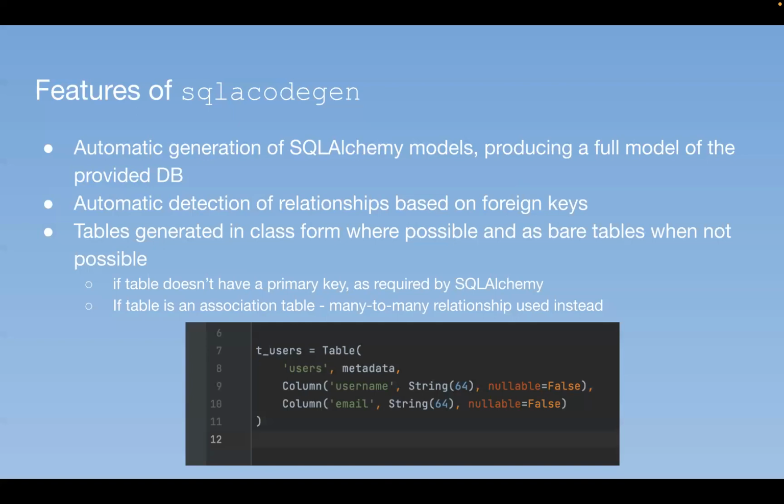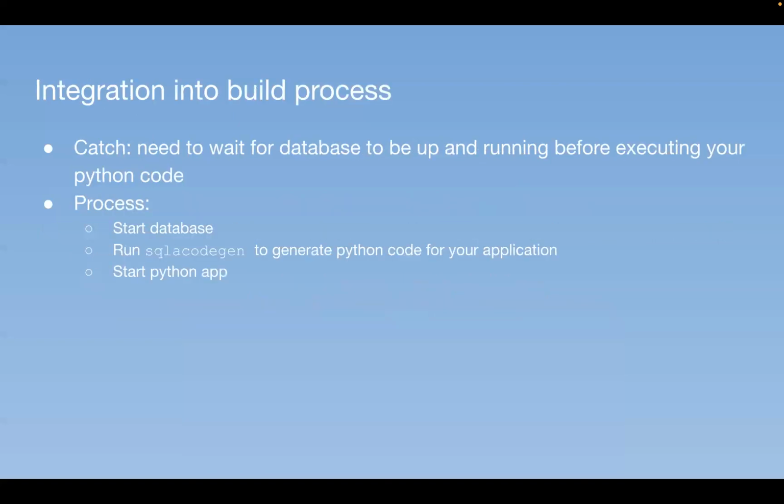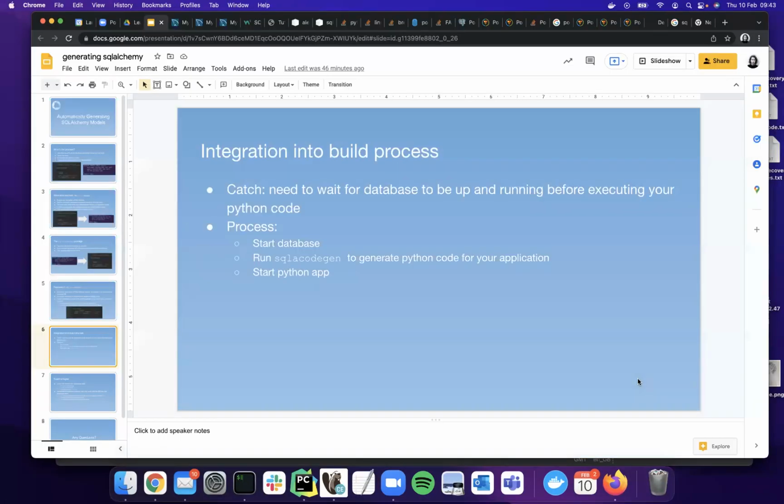Instead, it will just create a many-to-many relationship. It detects the relationship and puts it on both of the linked tables from that association table. So it's quite likely you wouldn't need to directly refer to that association table anyway, so it's not the end of the world if it doesn't have a fully featured class table. So let me show you what this looks like.